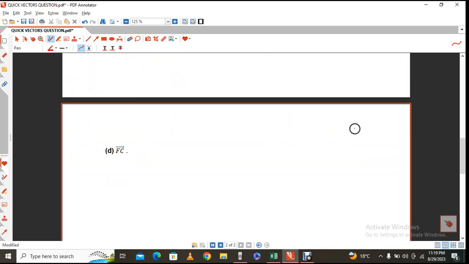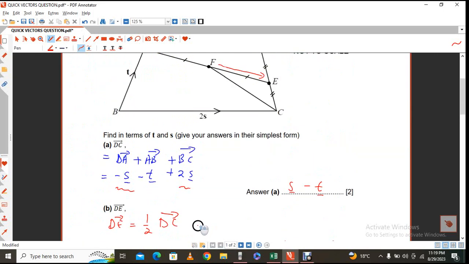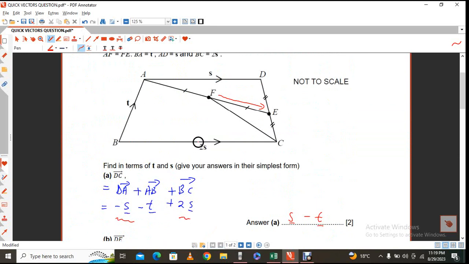If you go back to the diagram, you see that FE is equal to AF, okay? And then you go along EC.